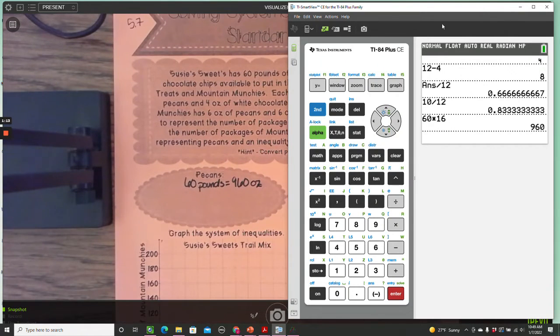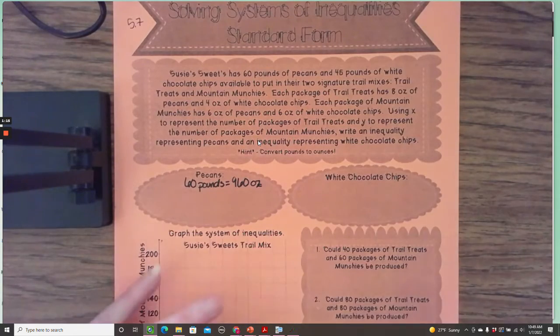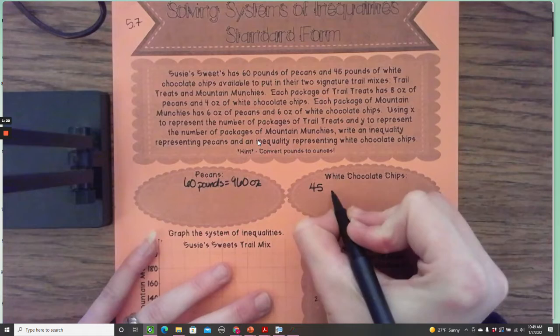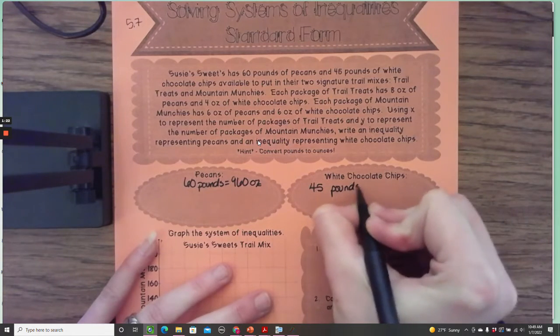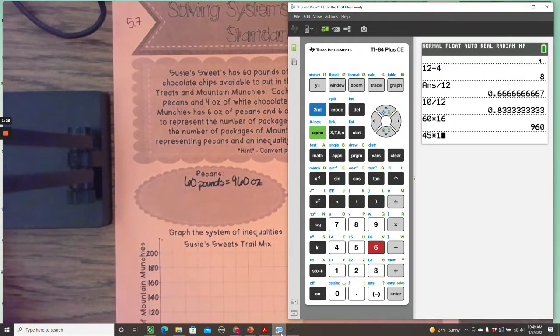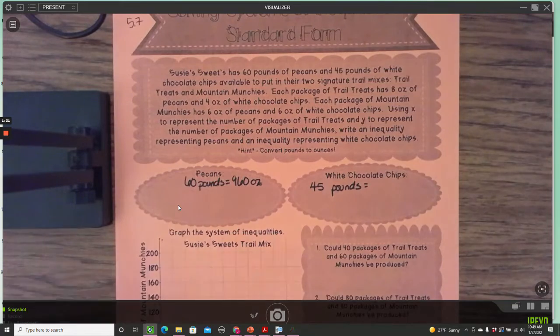And then we can do the same thing for the white chocolate chips. We've got 45 pounds of those, so we multiply 45 times 16, and we get 720 ounces.